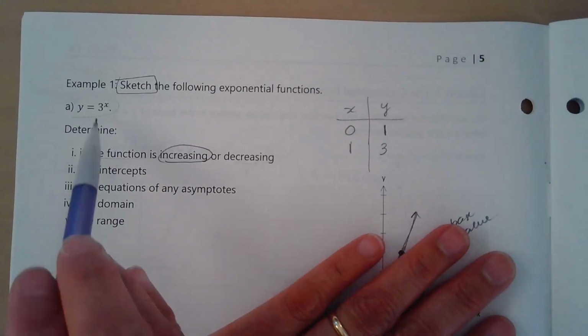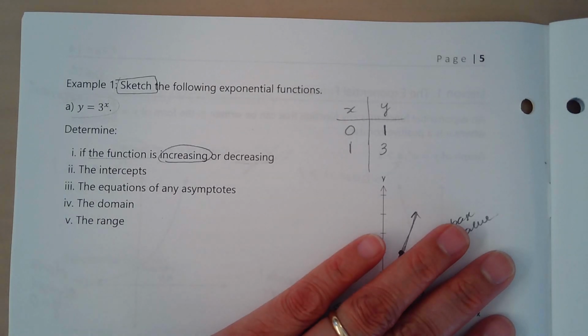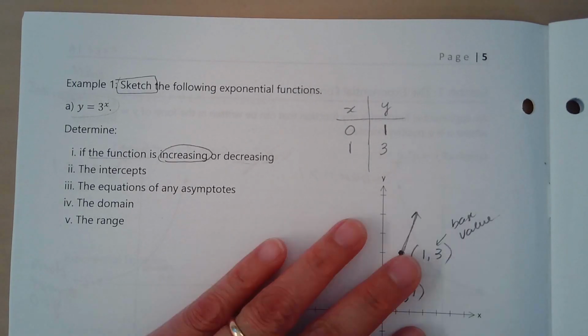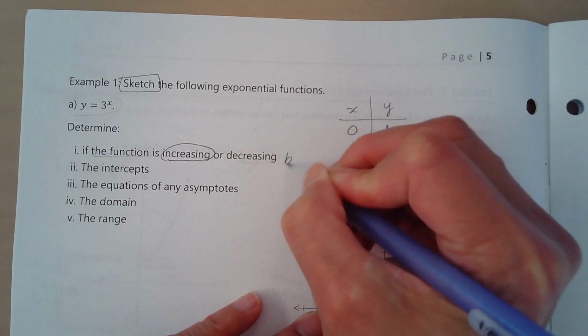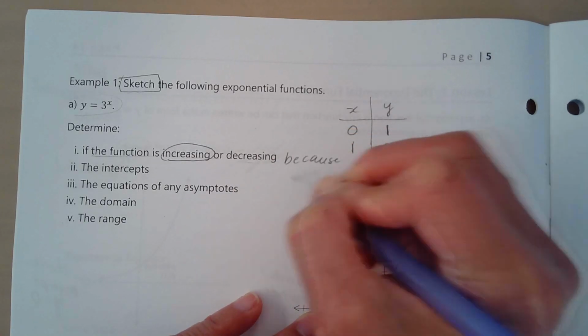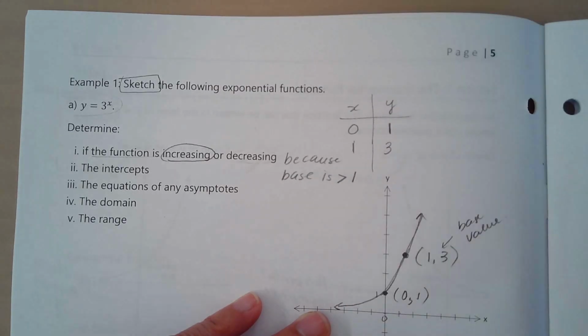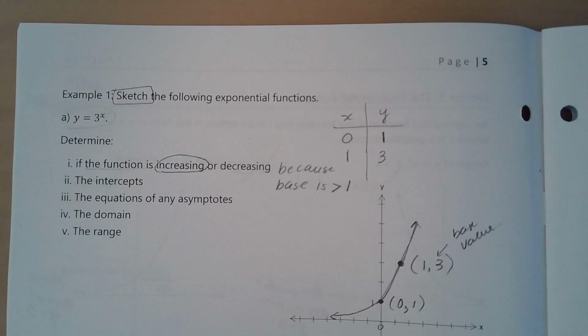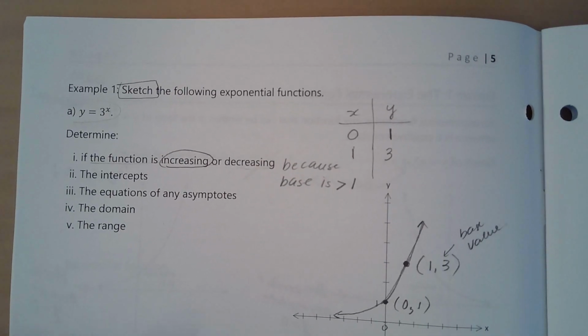And just by looking at the equation in here, how do we know it's increasing? Because of the 3, okay? Because base is greater than 1. If the base is greater than 1, then the exponential function will increase.